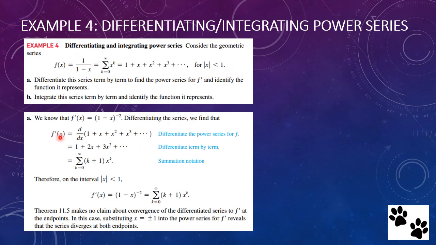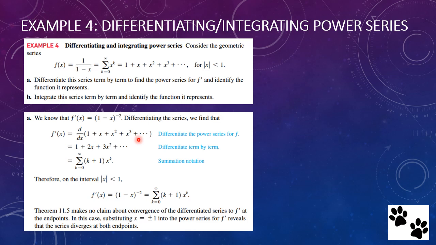Now let's differentiate the power series term by term. So the derivative of 1 is 0, the derivative of x is 1, the derivative of x squared is 2x, then 3x squared, and you can see that.